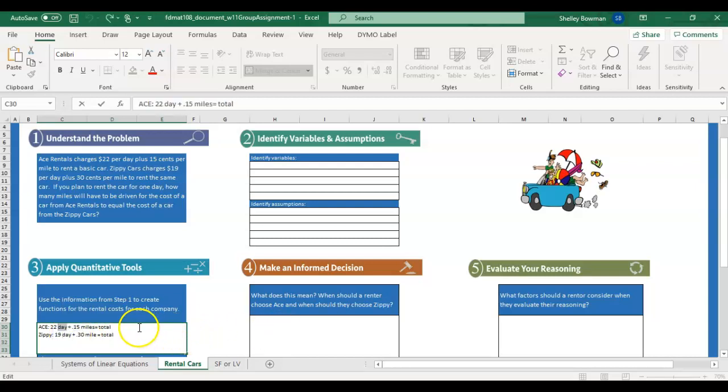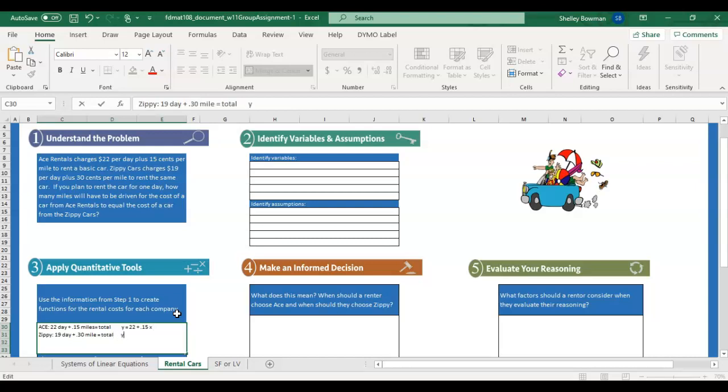Actually, I'm just going to rewrite that so that we can see our variables. So we're going to do our total, and because we're using x's and y's, I'm going to go ahead and do y equals 22, and leave it without anything because the day was 1, and then add the 15 cents per mile, and I'm going to use x just so that we stay consistent with the variables that are used in the textbook and other problems.